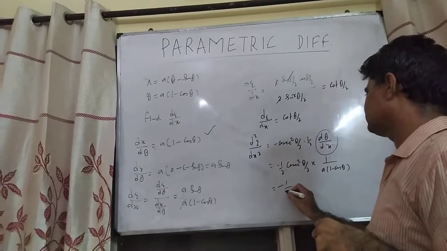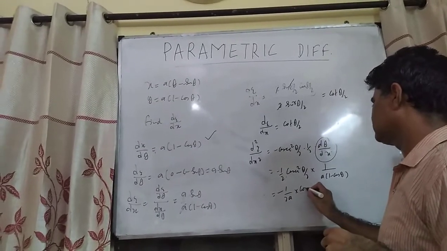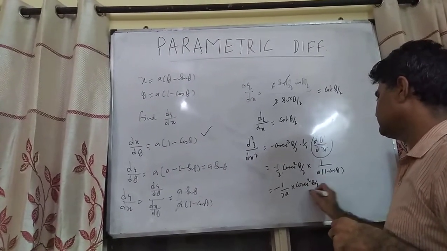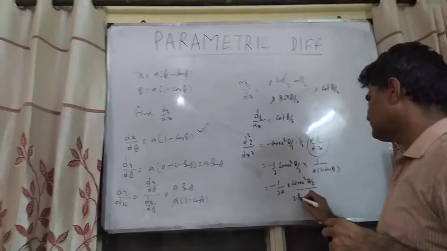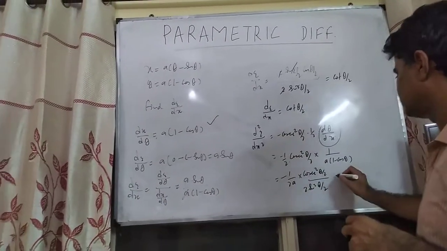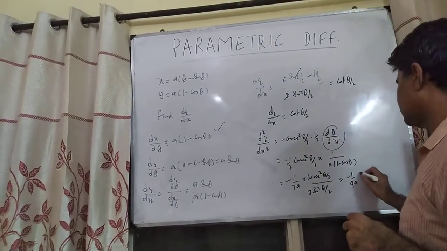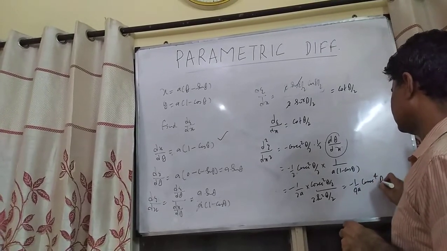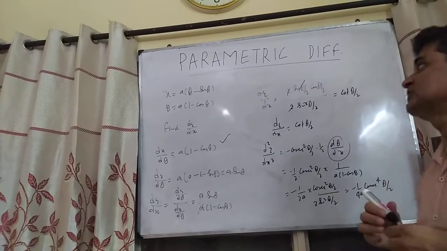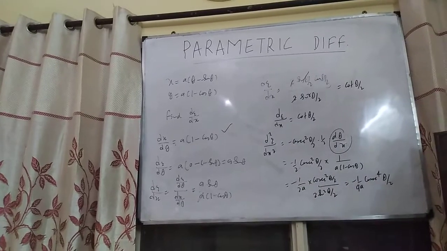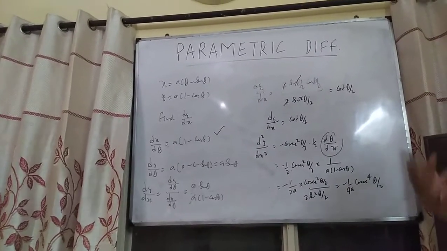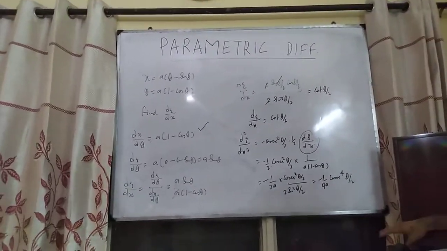So minus 1 by 2 cosec square theta by 2, and 1 minus cos theta will be twice of sin square theta by 2, giving minus 1 by 4a cosec to the power 4 theta by 2. So you can see how we have done the parametric differentiation. One more differentiation we are going to do in case of parametric differentiation.